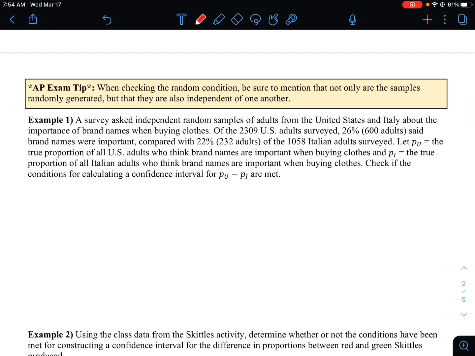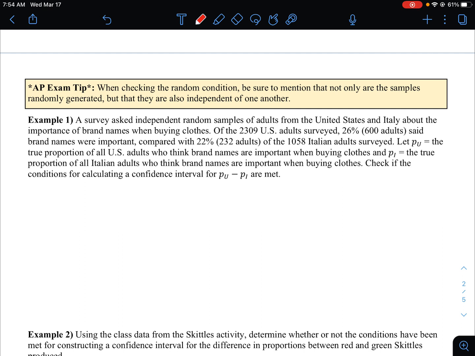In example 1, a survey asked independent random samples of adults from the United States and Italy about the importance of brand names when buying clothes. Of the 2309 U.S. adults surveyed, 26%, or 600 adults, said brand names were important, compared to 22%, which is 232 adults, of the 1,058 Italian adults surveyed.